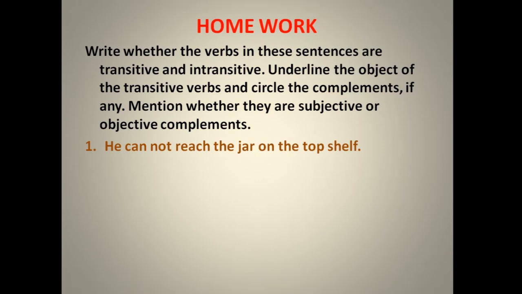Then see whether an object is given in the sentence. If an object is there, it will be your objective complement. If the object is not there, it will be your subjective complement. Don't forget this.